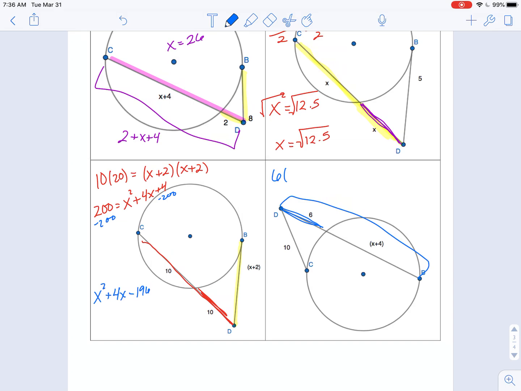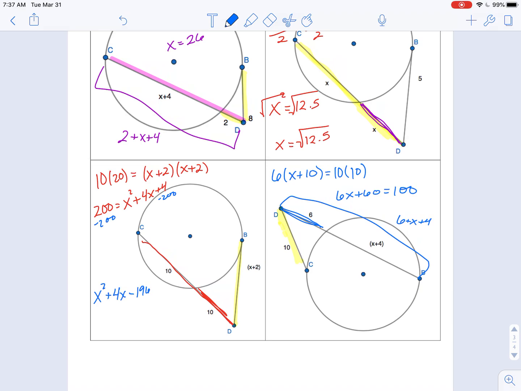So we'll do the same thing over here. We've got 6 is the part of the secant outside the circle. And what's this whole secant? Well, that's 6 plus x plus 4, which gives me x plus 10, because the 6 and 4 combine to get me 10, equals, and what's the part of the secant here outside the circle? That part is 10, and the whole secant is 10.